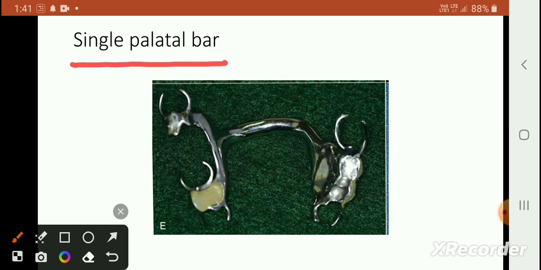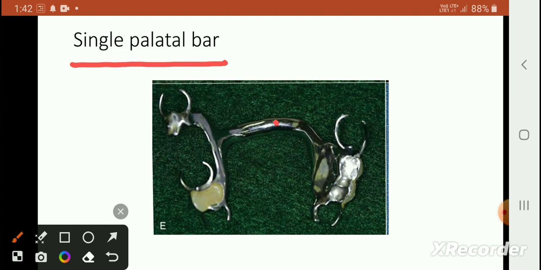It derives least support, and to maintain the rigidity it has to be made bulky. It is least logical, and the width of this bar is less than 8 mm.